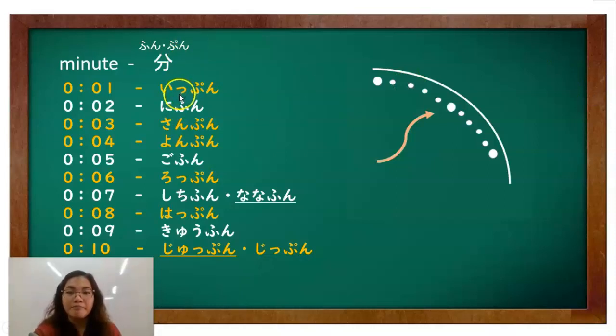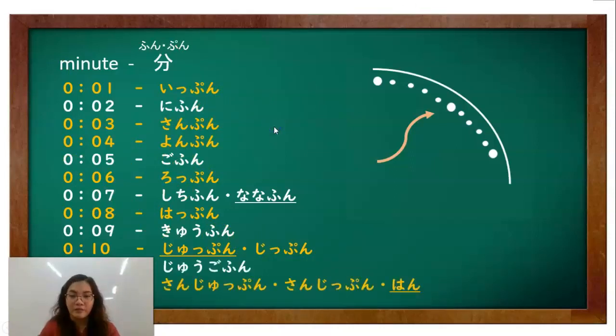Ippun, Nifun, Sangpun, Yongpun, Gofun, Ruppun, Shichi Fun, Nana Fun, Hapun, Q Fun, Juppun or Jippun. So that is how we say it in minutes.